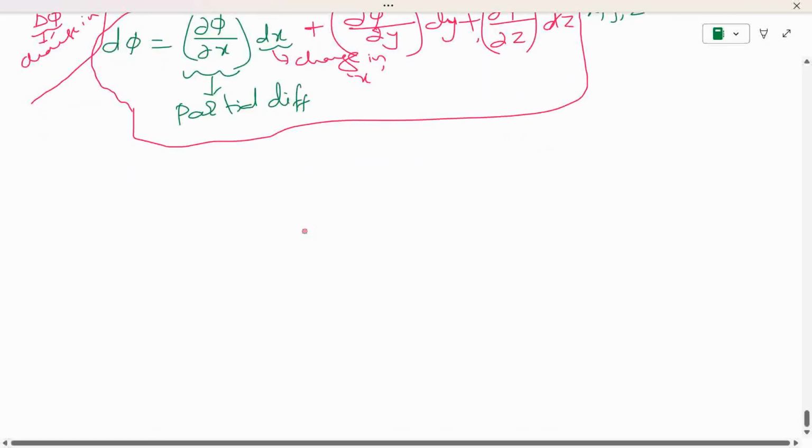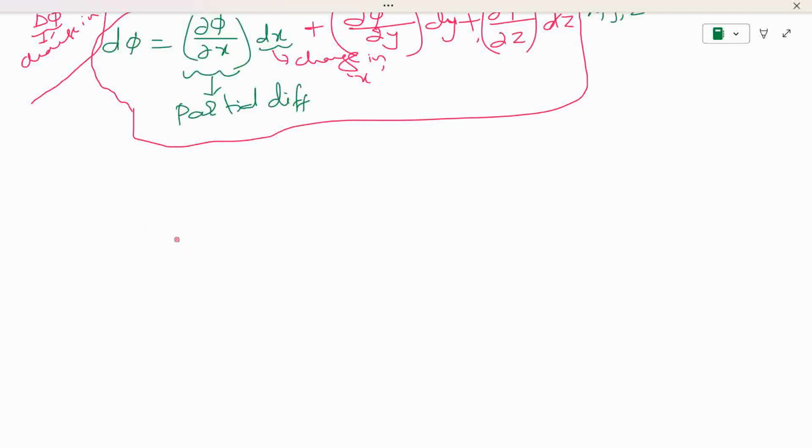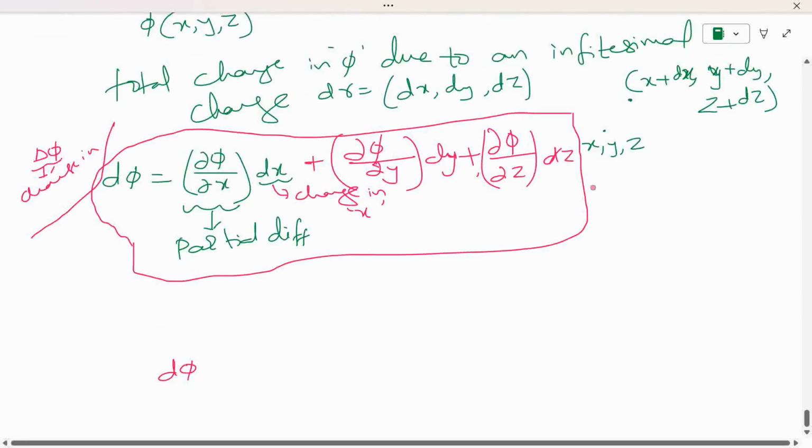Now see how I am writing d phi. Just writing the above d phi equation. Consider this box as equation one.